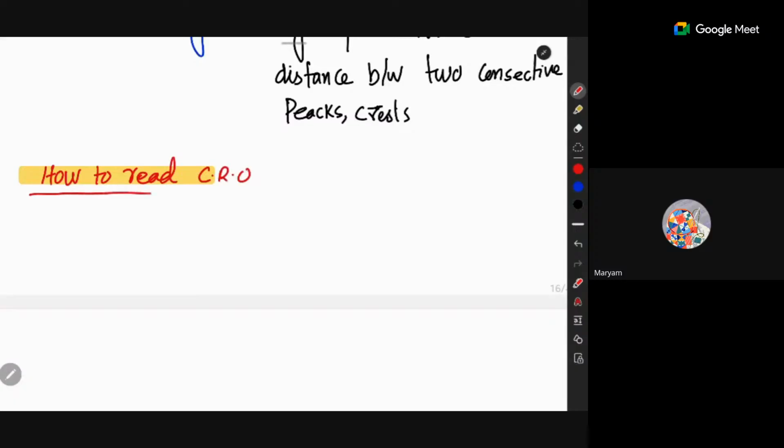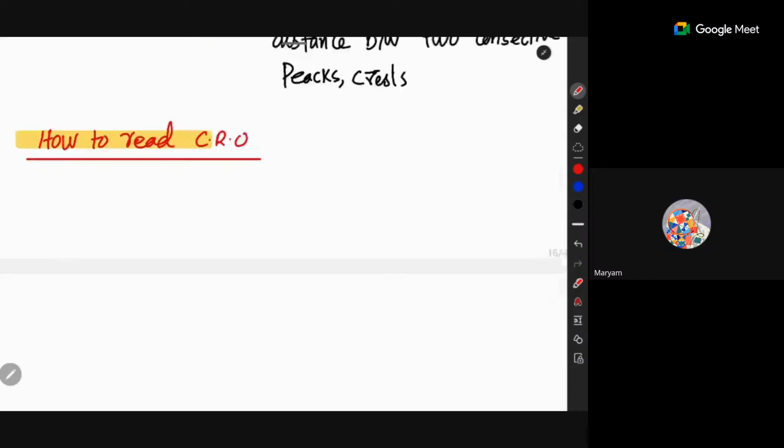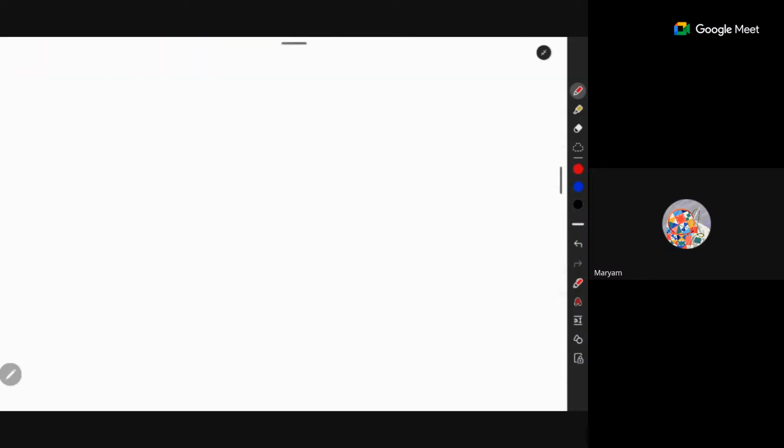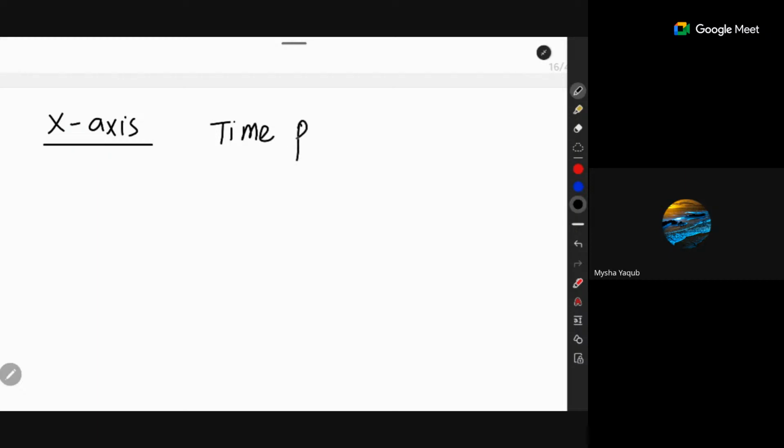Misha, I will need your help. In the CRO, as I told you, what is on the x-axis, Misha? The time, frequency, and wavelength. Yes, time period. This is the fundamental thing. Time period, right? Or wavelength. Then we will be talking about frequency afterwards.